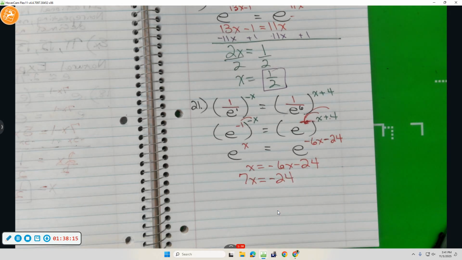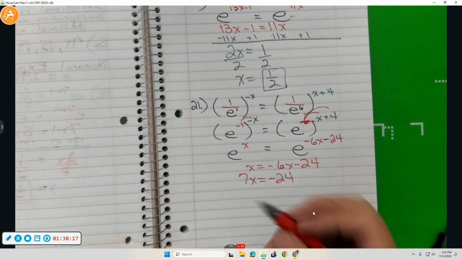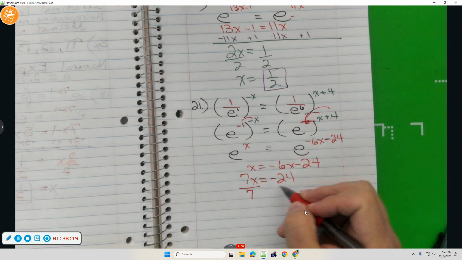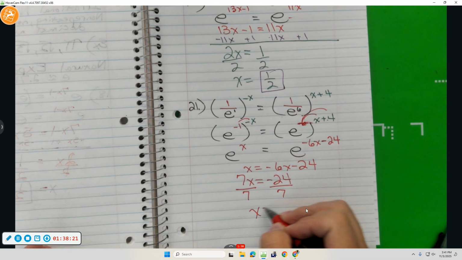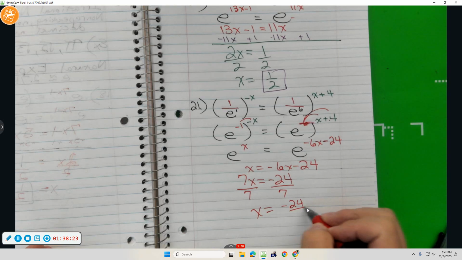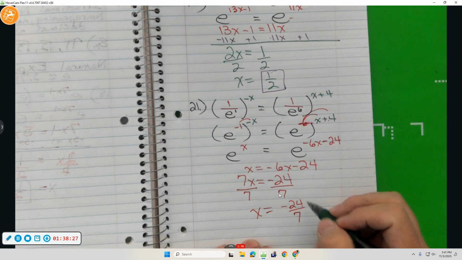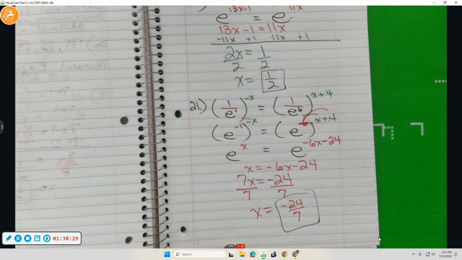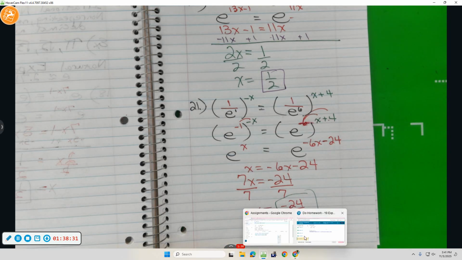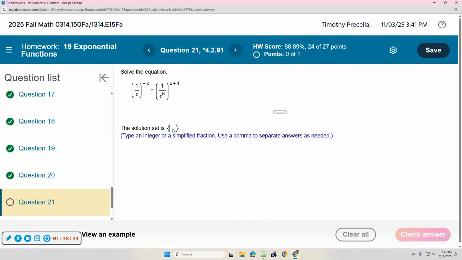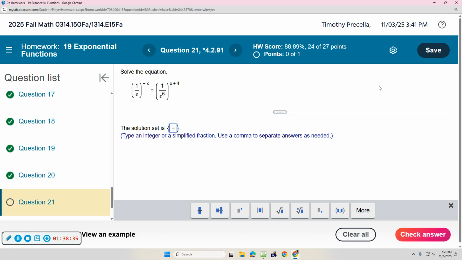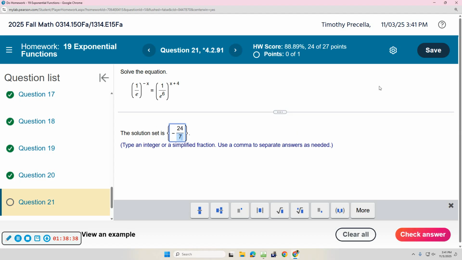And then divide by 7 to give me x equals negative 24 sevenths. Negative 24 over 7. Let me write that. Negative 24 over 7.